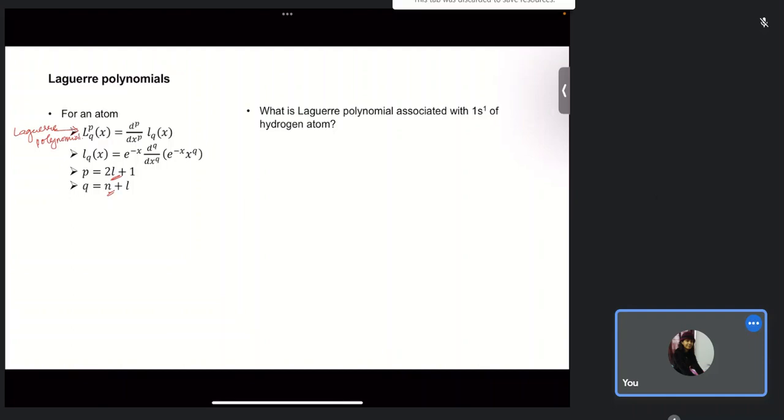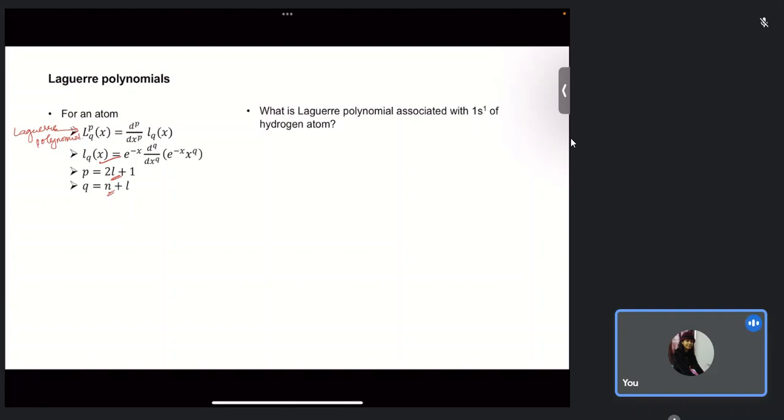You can see that L_p^q of x is equal to d raised to p by dx raised to p of L_q of x, and L_q of x is another polynomial defined by the variable x, which has the form e raised to minus x, d raised to q by dx raised to q, acting upon e raised to minus x times x raised to q.